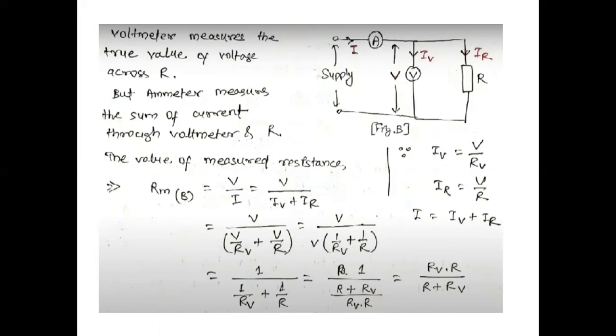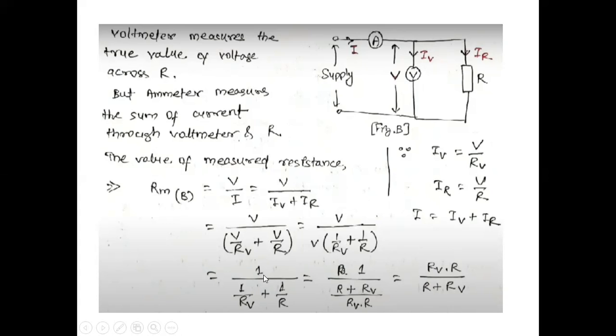Due to this, some small current flows through the voltmeter. So the ammeter shows the reading IV plus IR according to KCL. Then V upon R is equal to V upon IV plus IR, where IV is V upon RV, plus V upon R.